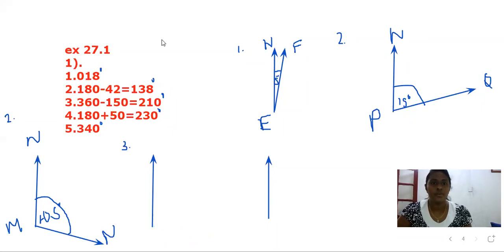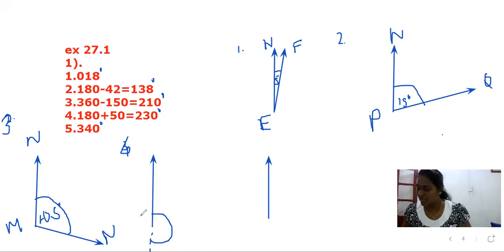Then how do you consider 270? This is third, this is fourth. Now, if you draw a dotted line here up to here, this is 180. Now, from 270 you have to subtract 180. Then that is 90.